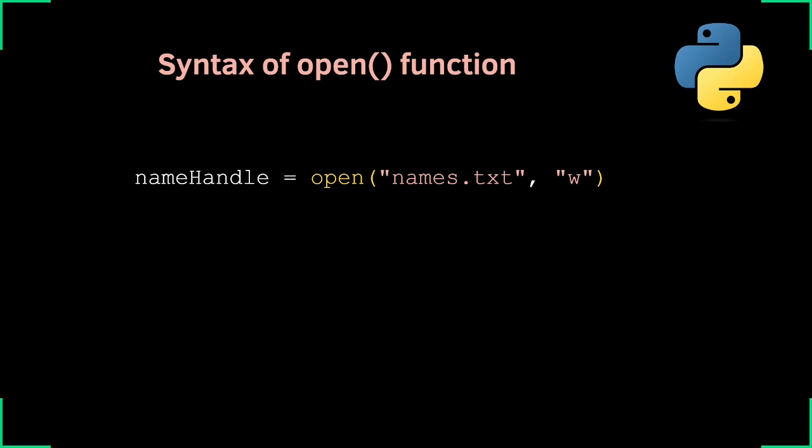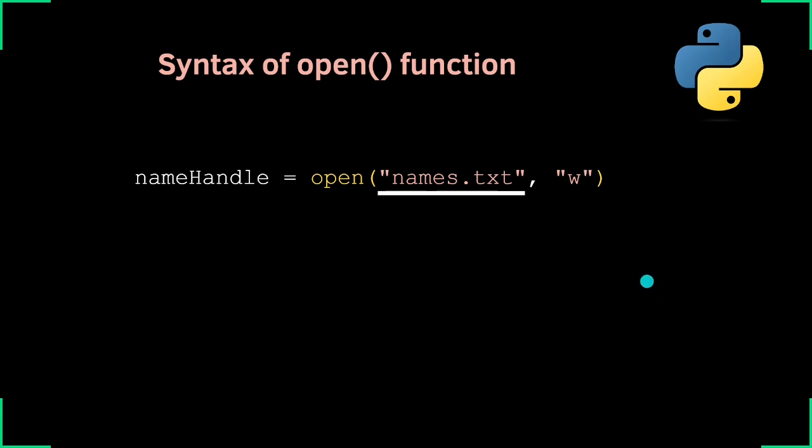In this particular case, the function open is going to open a file handle, that is, an access into a file. And that file in this case happens to be a text file given by names.txt. The file should exist in the same directory as the Python script that you are writing.